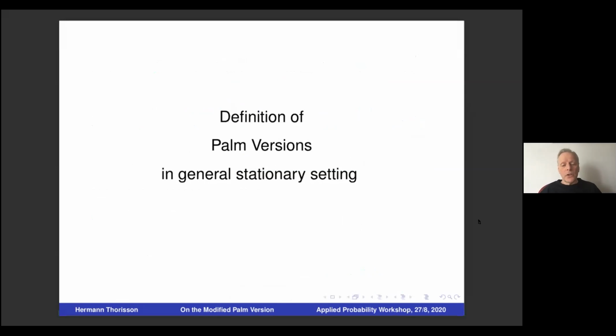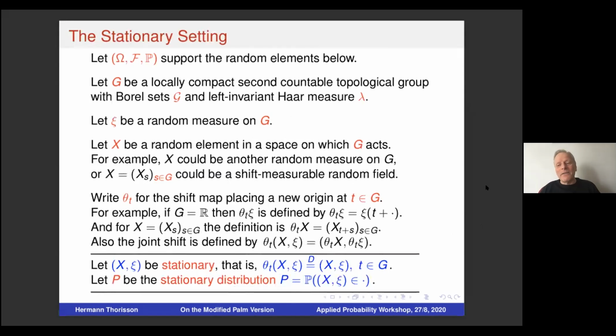The definition of the Palm versions in a general stationary setting, and I'm sorry, it took 15 minutes, that's what I sort of expected. The general stationary setting that I'm considering is very different from the coin thing, even if the coin setting is a special case of that.